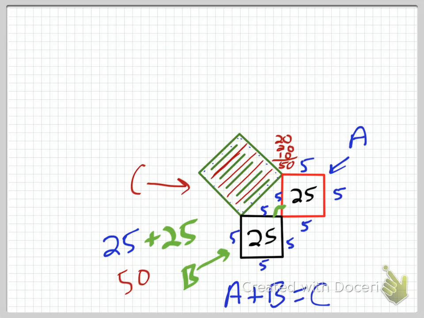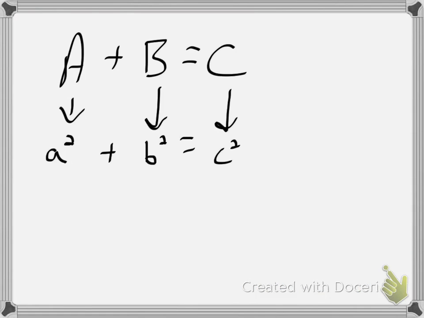So, what you really want to realize is that this works. It's the area of one box plus the area of the other box equals the area of the last box, of the hypotenuse. So, how do they make it into actual Pythagorean theorem? This is how.